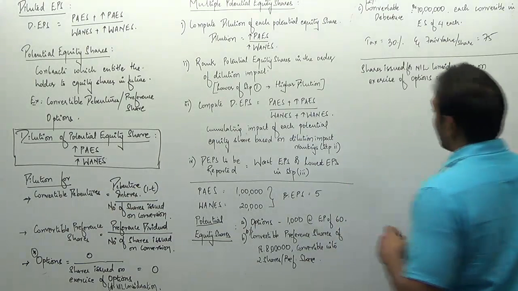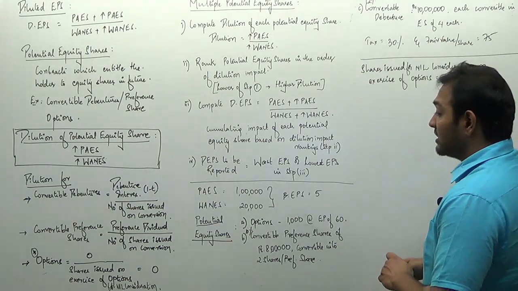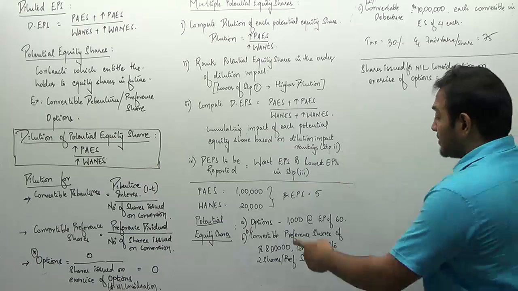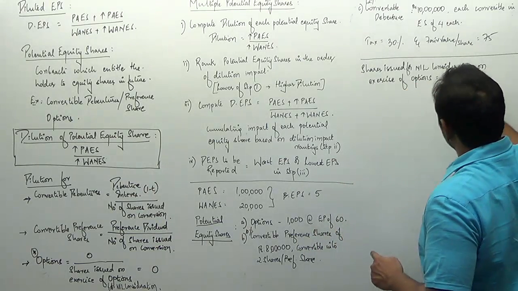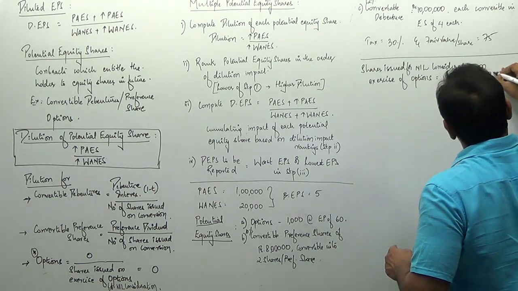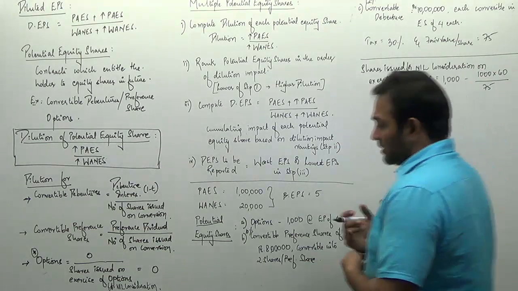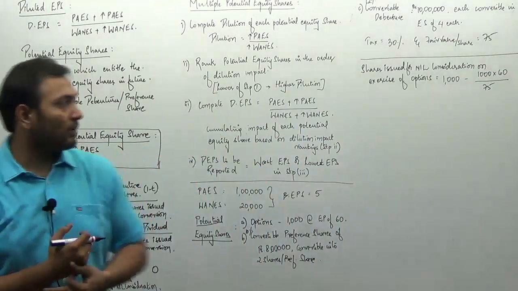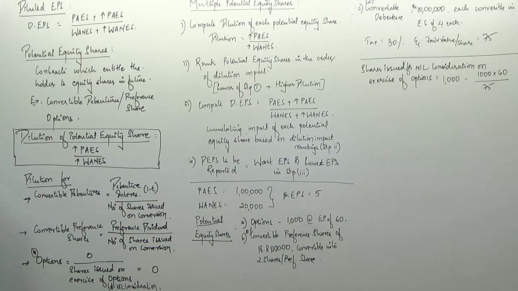Let's check. Each option has an exercise price of 60. So I have 1000 options minus proceeds from issue of options, which is 1000 into 60 divided by 75. That will give you the shares issued for nil consideration.